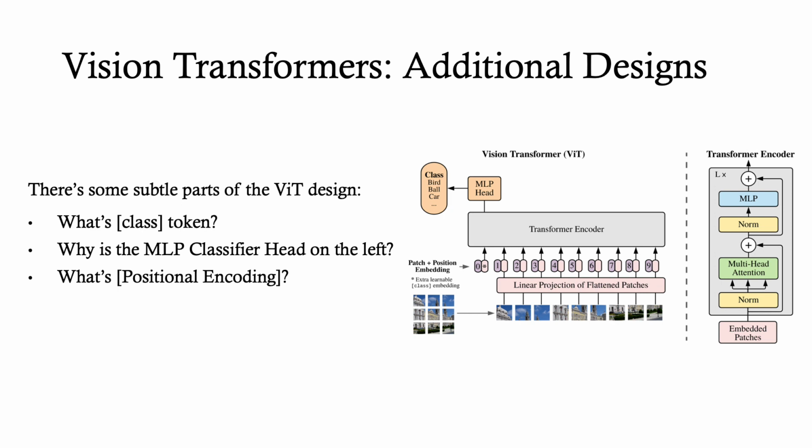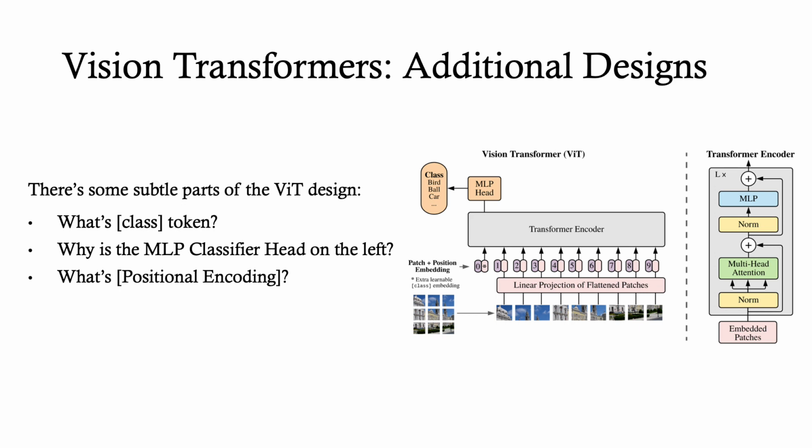Besides the patch-based tokenization, there are several other designs in the vision transformers worth noticing. There is a class token fed into the transformer encoder, and there is an MLP classification head after the transformer encoder, and it sits on the left side. And there are positional encodings added to the patch embeddings before the transformer encoder.